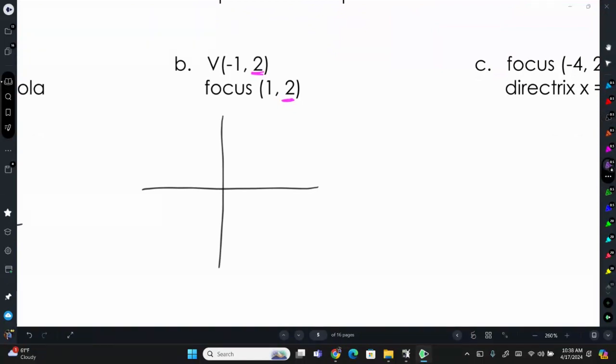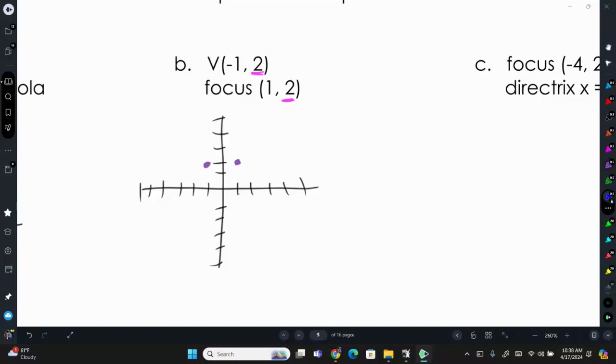So we have our points. And we have -1, 2 for our vertex. And our focus is 1, 2. Well, the focus is always inside the parabola.